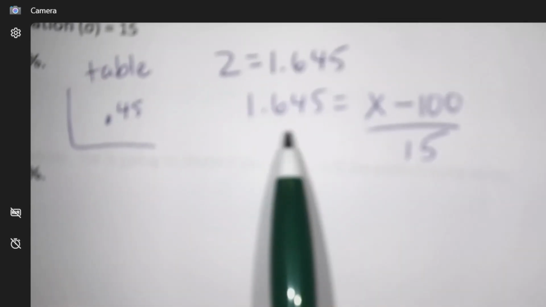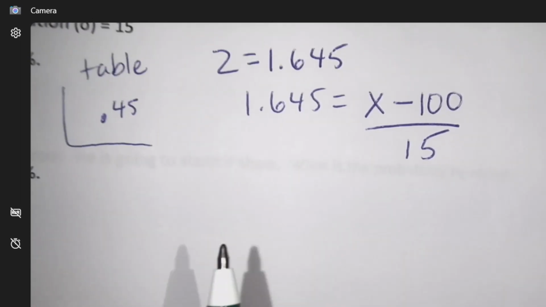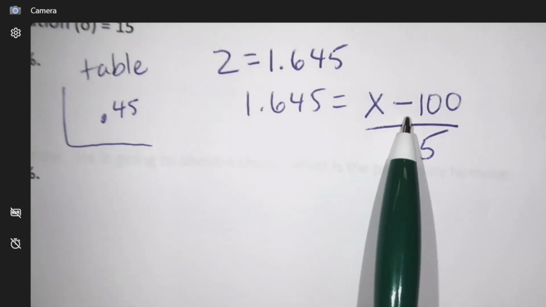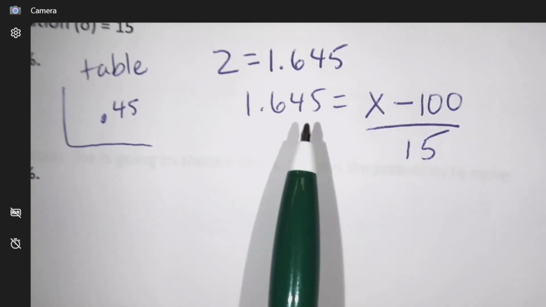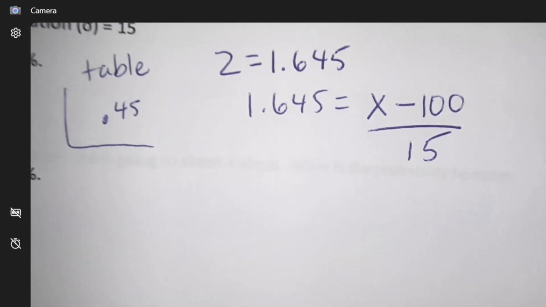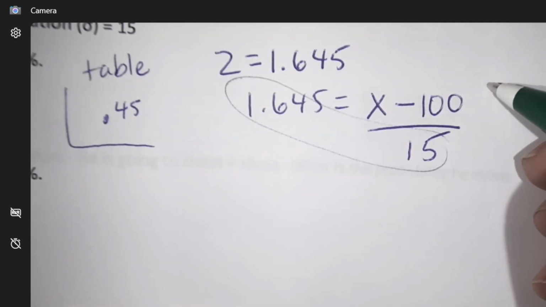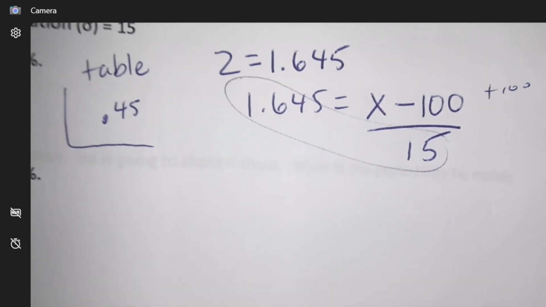Z-score. Z equals my score minus mean over standard deviation. Can you times and then add 100, right? That's your algebra. Times and then add 100, okay?